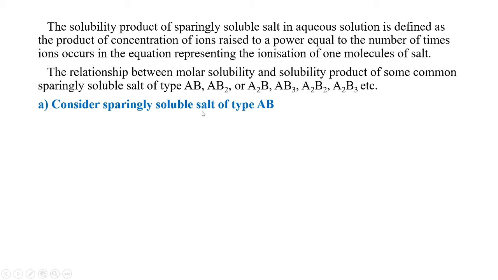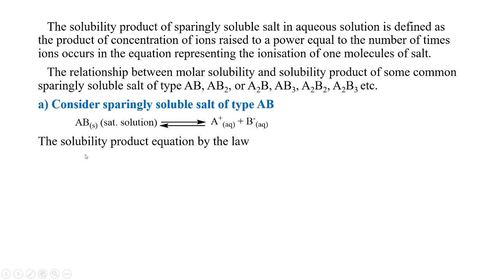Now consider the sparingly soluble salt of the first type, that is AB. Solid AB in saturated solution will give A+ and B-. The solubility product equation by the law is Ksp is equal to [A+] into [B-].